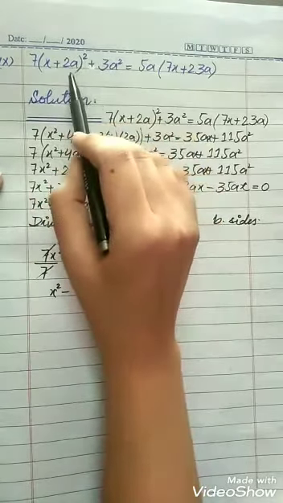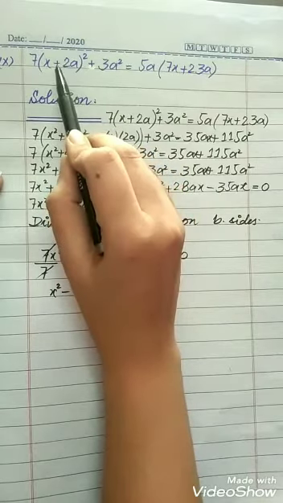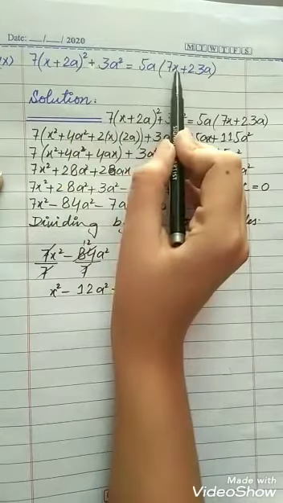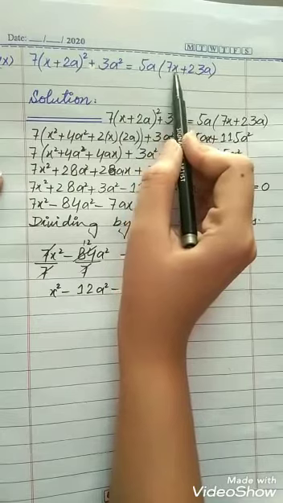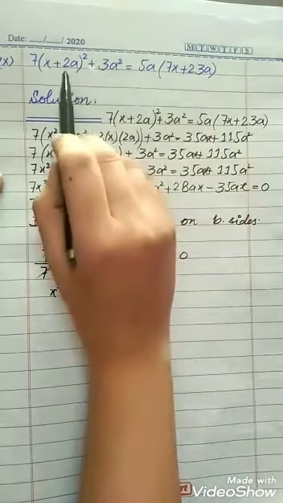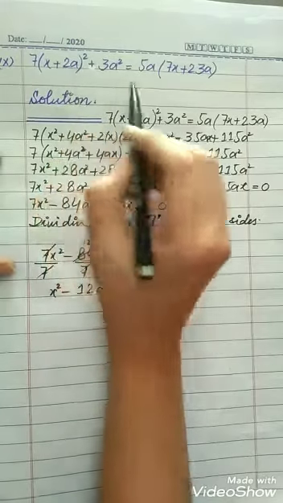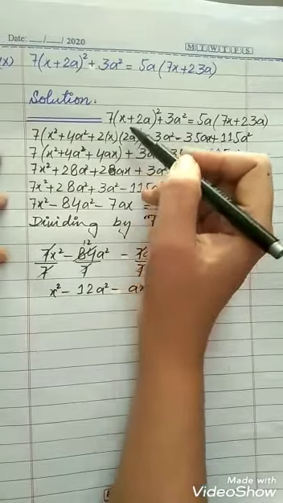Here it is a complete square, but the condition is that on the left hand side it should be a whole square and on the right hand side it should be a constant, but here it is variable as well, so we will not consider it the perfect or standard form quadratic equation.